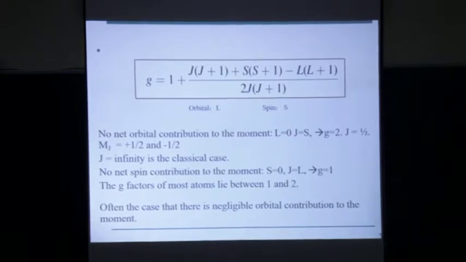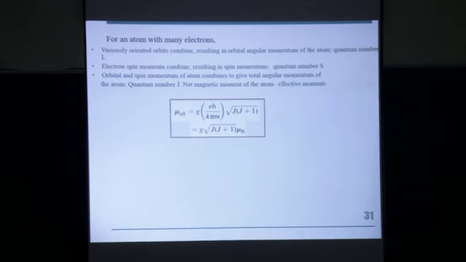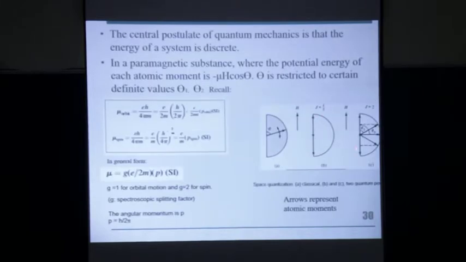In some cases, the orbital component is very small, almost 0. In many important cases, L is equal to 0, and so J is equal to S, because J only depends on L and S. If L is not there, then J will be equal to S. Then you will get g equal to 2 and J equal to half, which is what I showed you. So this is a useful and common case.